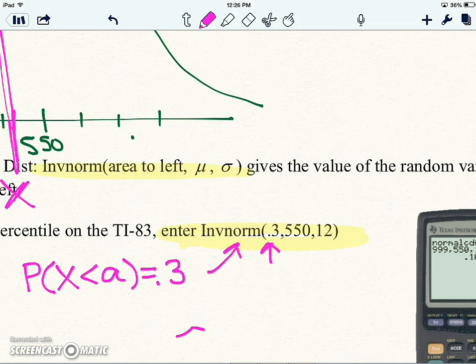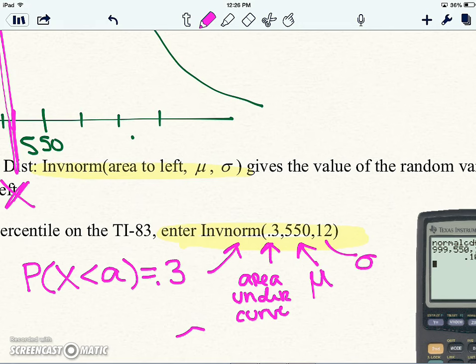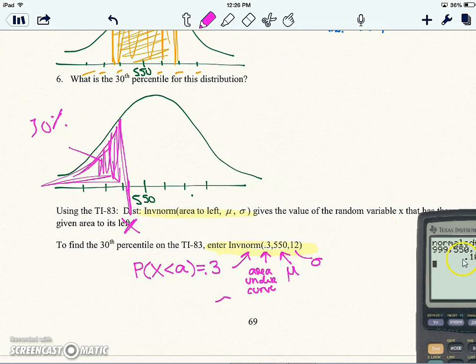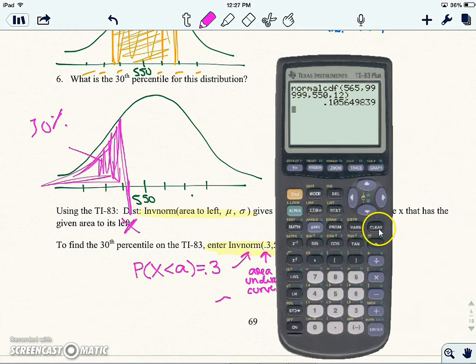So this is the area under the curve, or percent under the curve. This is my mean. Remember, you have to label them. And this is my standard deviation. And let's try that. So basically, this time you give it the percent and it gives you the cutoff. Before you gave it the cutoff and it gave you the percent.